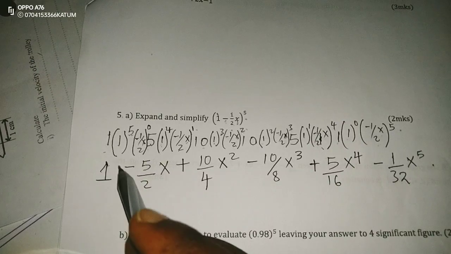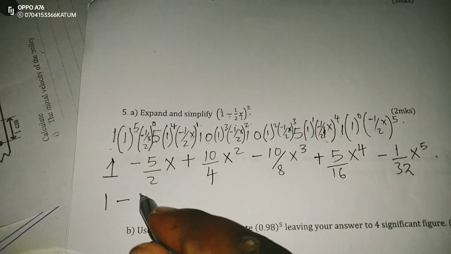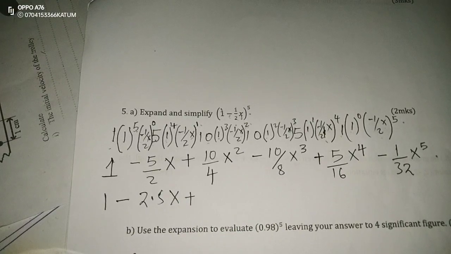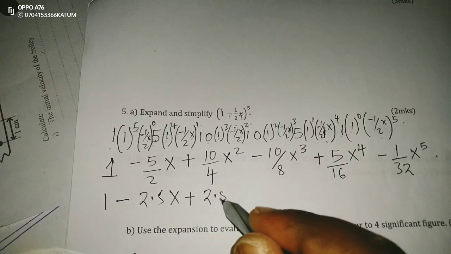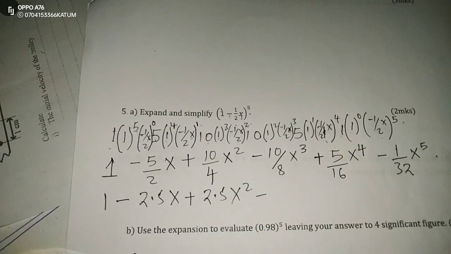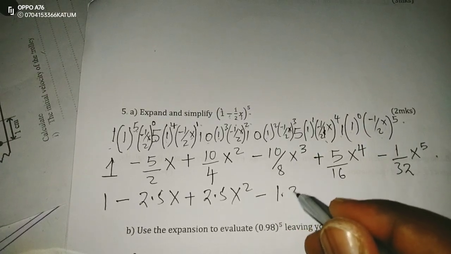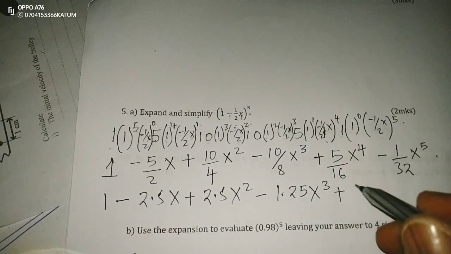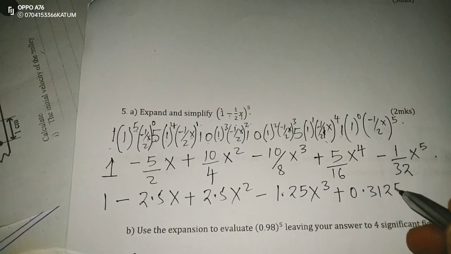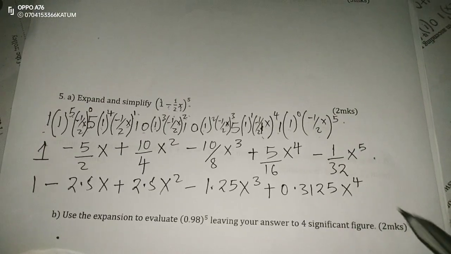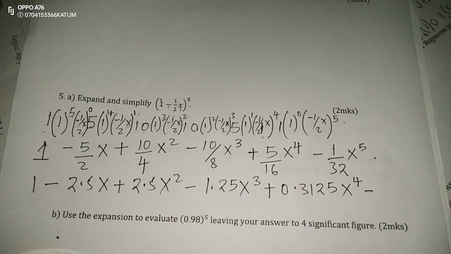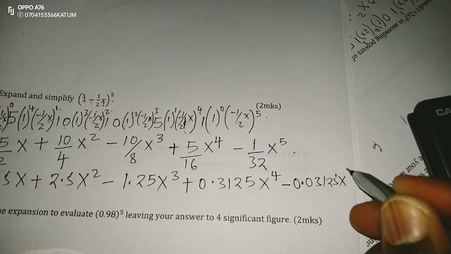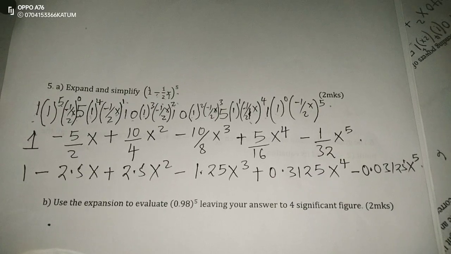So this is going to be 1 minus 5 over 2, which is 2.5x, plus 10 over 4, which is also 2.5 x squared, minus 10 over 8, which is 1.25 x power 3, plus 5 over 16, which is 0.3125 x to power 4, then minus 1 over 32, which is 0.03125 x power 5. So this is the binomial expansion in its simplest form.